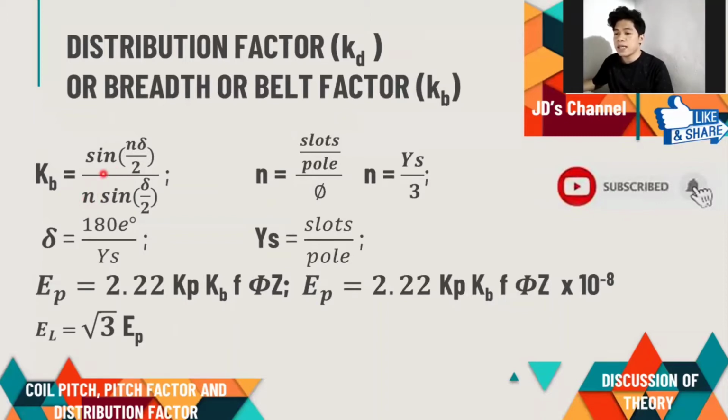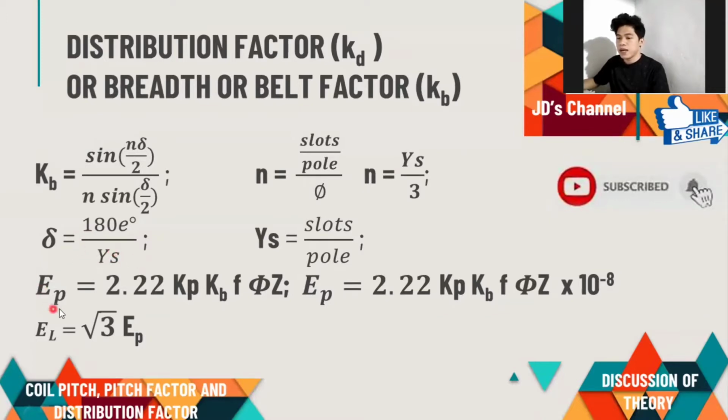It is equal to sine of n delta over 2, over n sine of delta over 2, where n is equal to slots over pole, over phase, and n is also equal to ys over p, because our ys is slots over pole. And delta is 180 electrical degrees over ys.